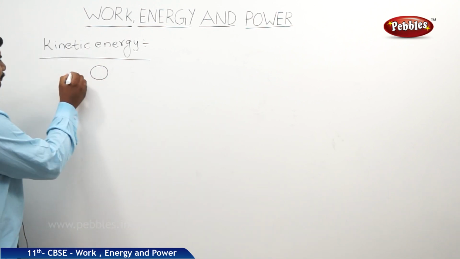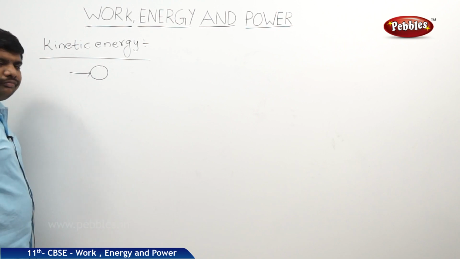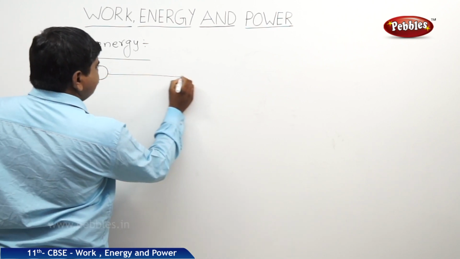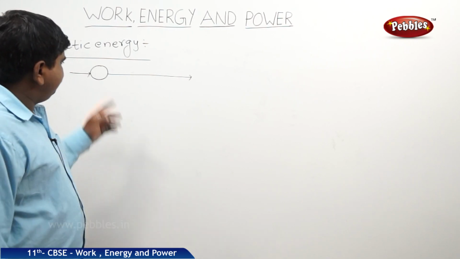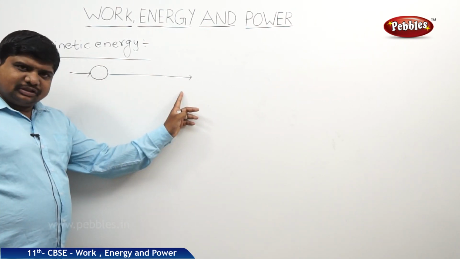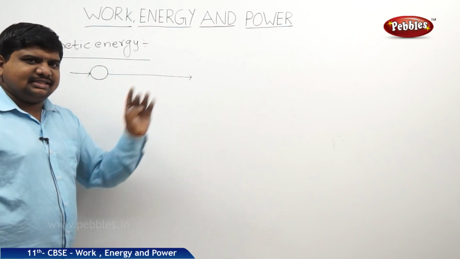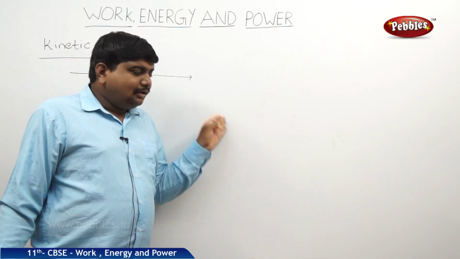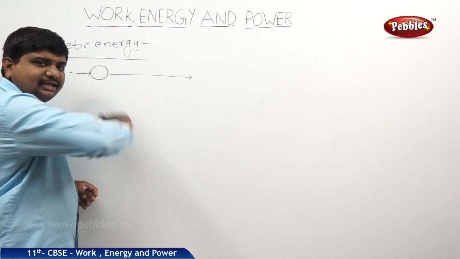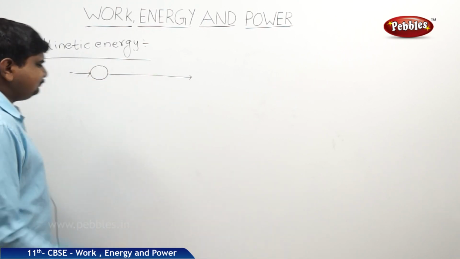Suppose a force is applied on the body, this body will move forward with an increase in the velocity. Whenever the body is in motion, it is moving with a velocity. So the energy possessed by a body by virtue of its motion is called kinetic energy.